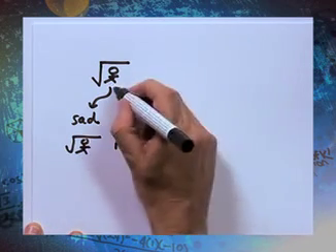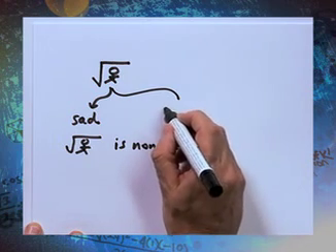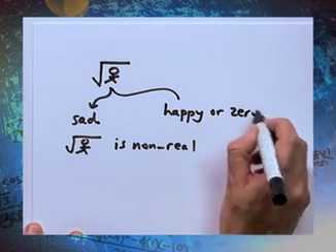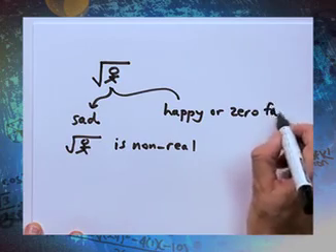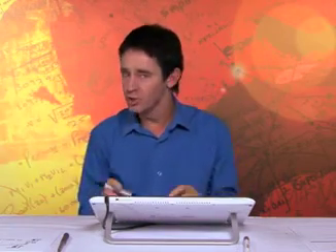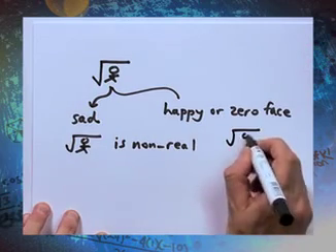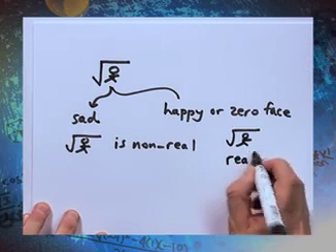If he is happy, or maybe neutral, or he's got a zero expression, or a zero face, then we talk about the square root of Mbuyi being real. That's important, so watch out for that.